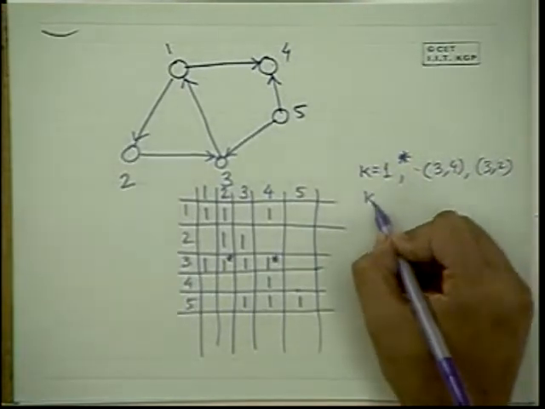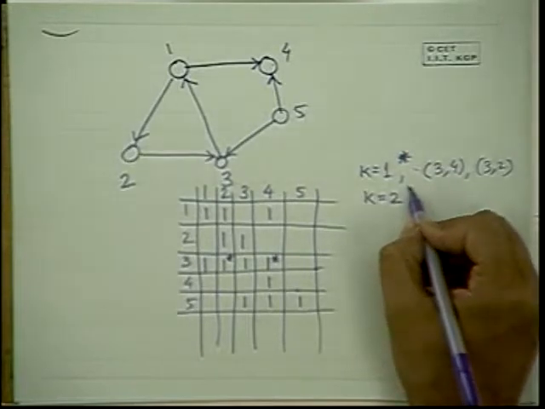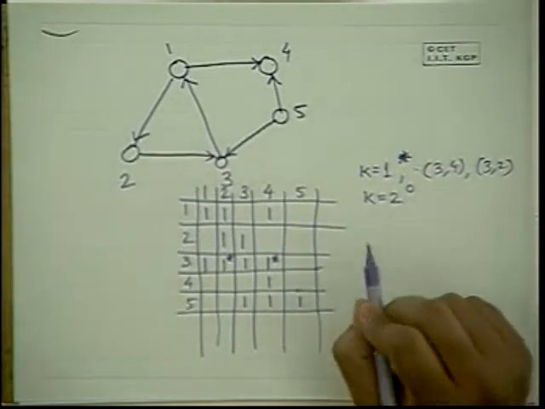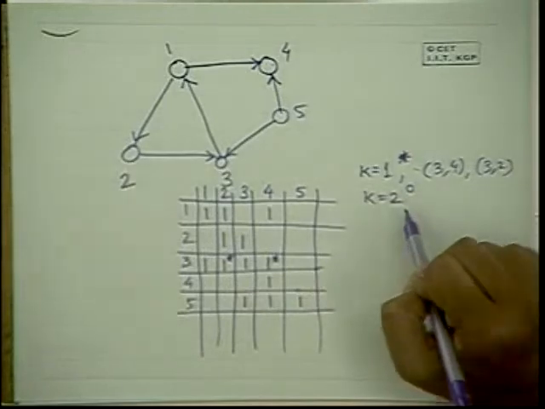Now the next iteration k is equal to 2, I am denoting it with a small circle. So what does it mean? In k is equal to 2, you can have a path with vertices whose indices are less than or equal to 2. So you can see there is only one path this time.